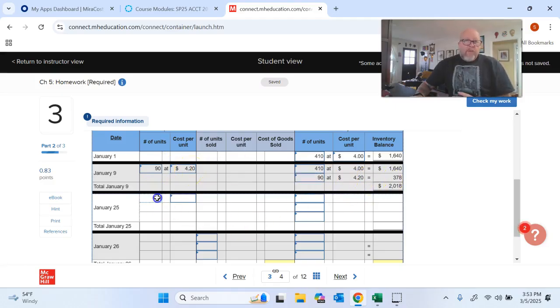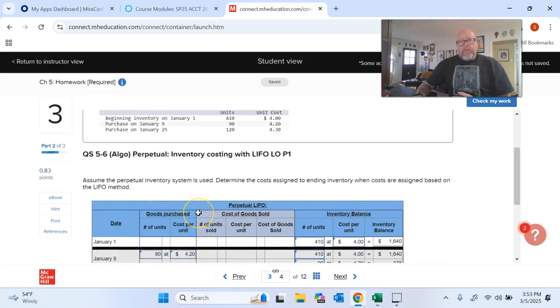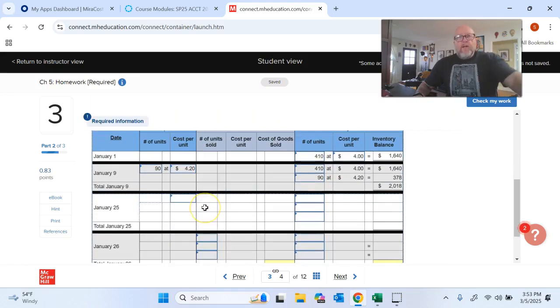Okay. Now we can do the third layer, and hopefully I do the data inputs right. We do 120 units, and the cost per unit is $4.30. Now we have 3 rows.